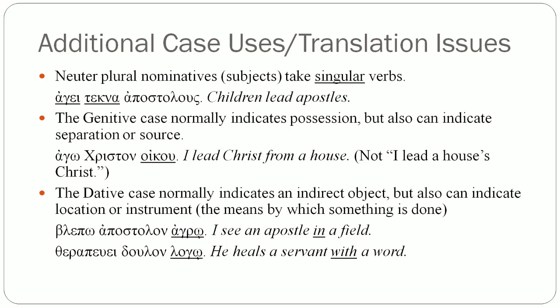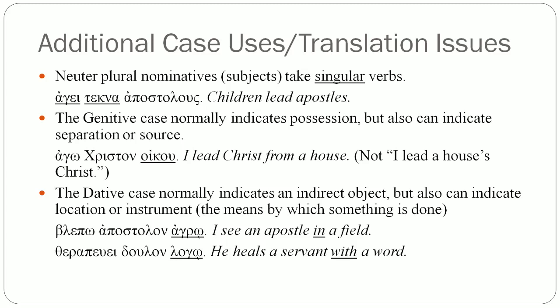Now, the book gives you a couple more ways to translate the genitive and dative cases. Normally, the genitive case indicates possession, and you translate "of" before the noun. But the genitive case can also take on a function called ablative genitive. That's just a fancy term, and you won't have to learn that until next year if you stick around and take second year Greek.